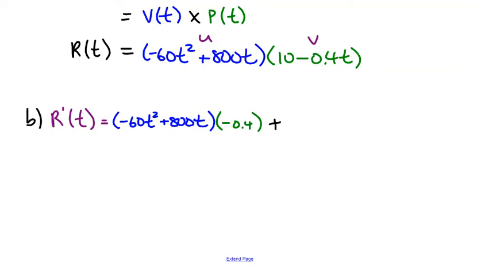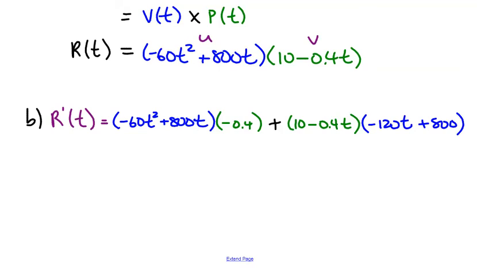Plus, we're going to keep V alone, don't touch it, 10 minus 0.4 T. But we're going to take the derivative of U, which is negative 120 T to the power of 1 plus 800.